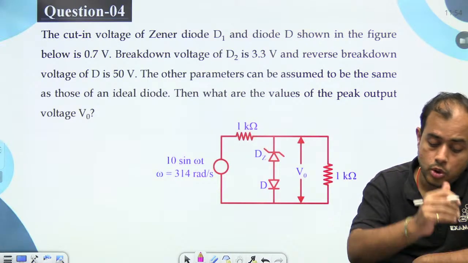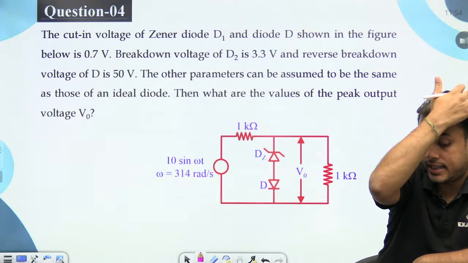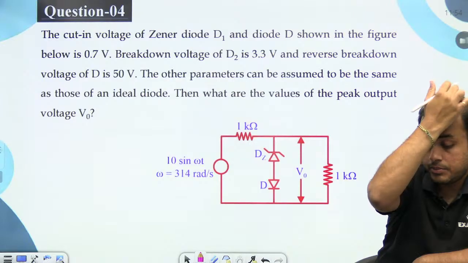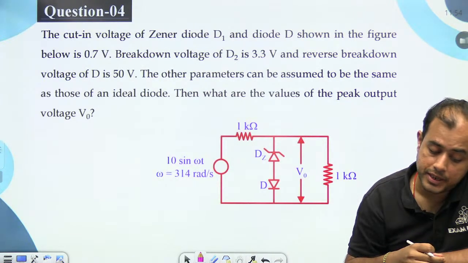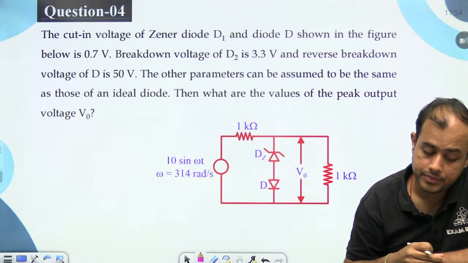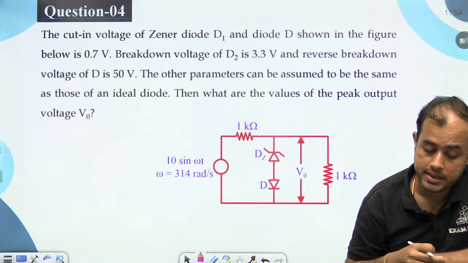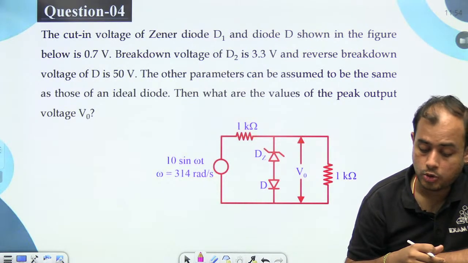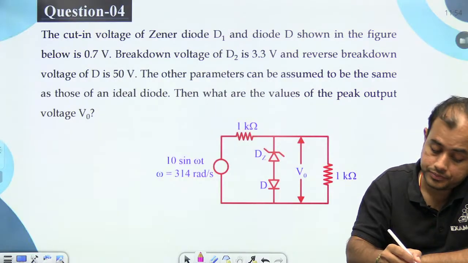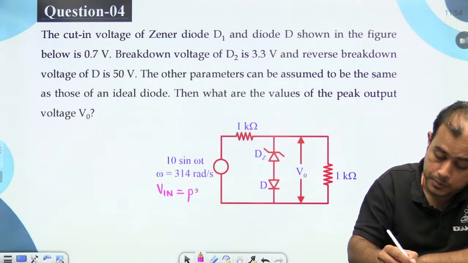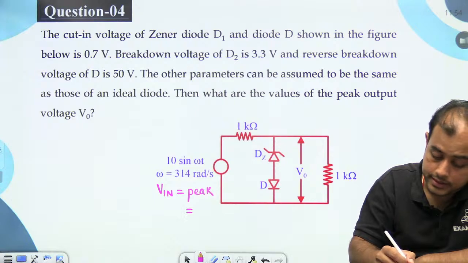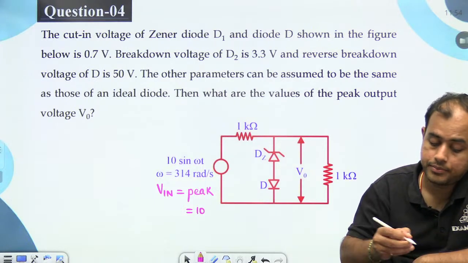The cut-in voltage of Zener diode D1 and D is 0.7. Breakdown voltage of Zener diode is 3.3. Reverse breakdown of D is 50. Other parameters are same as ideal diode. Peak output voltage V0. So for peak output, Vin is peak. That is 10. Okay.